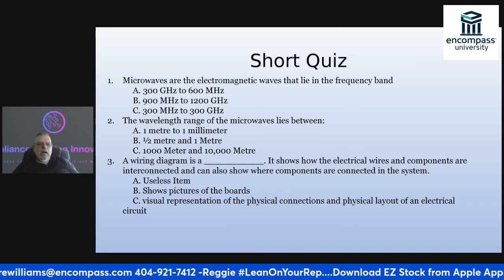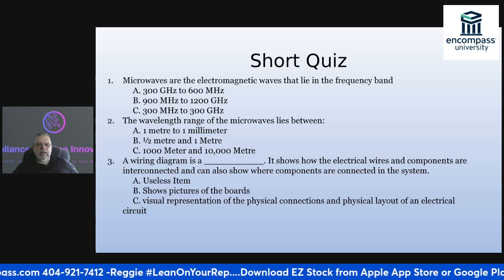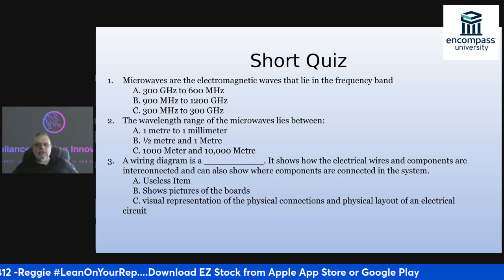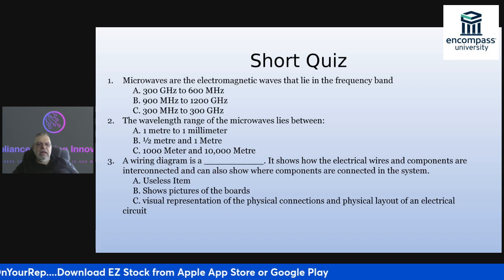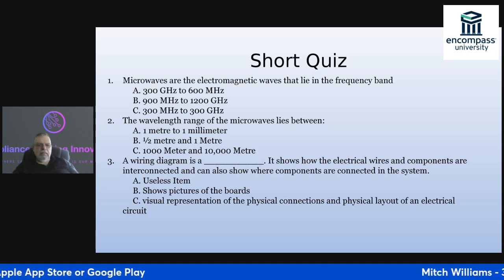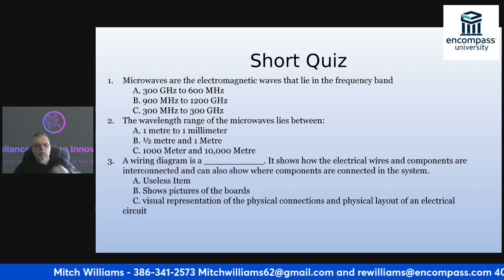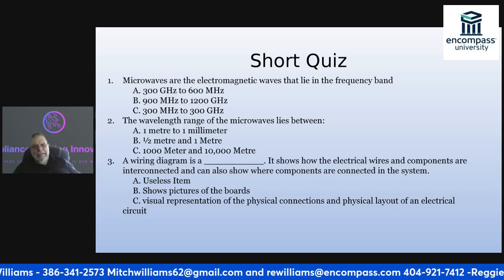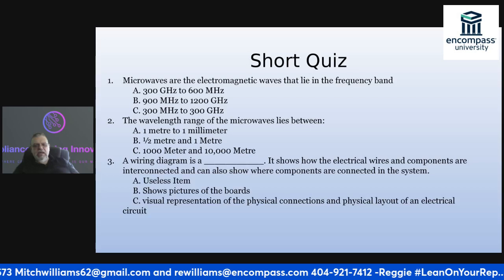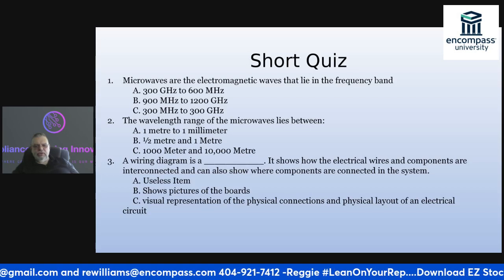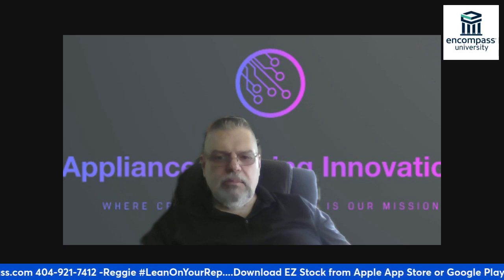Okay. A wiring diagram is a blank. It shows how the electrical wires and components are interconnected and can also show where components are connected in the system. Okay, the wiring diagram is a useless item. It shows pictures of the boards. Or it's a visual representation of the physical connections and the layouts of an electrical circuit. Okay.